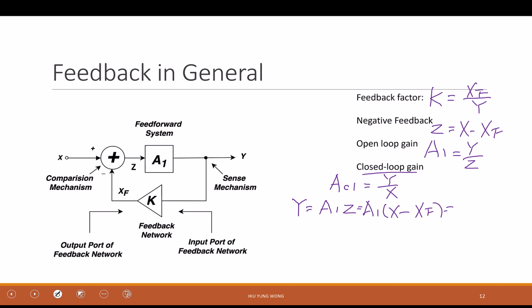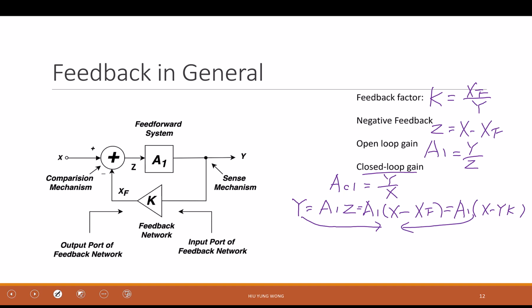So what is XF? Y times K, right? Okay. And then stop here. Don't keep going. Right? It will take you many years and still not be finished. So now we have an equation, Y equals this one. I have X and Y there already, right? Y equals A1 times (X minus YK).